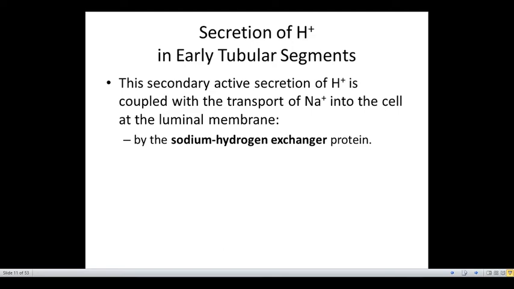This secondary active secretion of hydrogen ions is coupled with the transport of sodium ions into the cell at the luminal membrane by the sodium hydrogen exchanger protein.